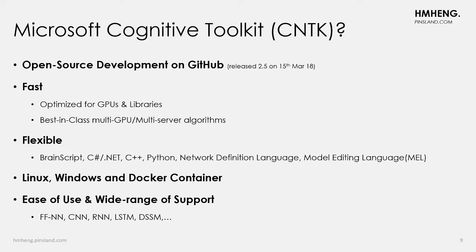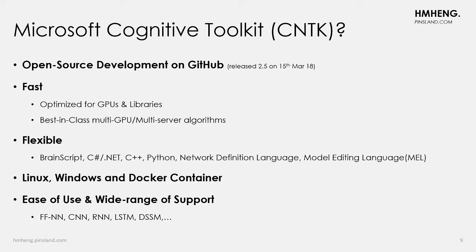So why do we use Microsoft Cognitive Toolkit over the others? First of all, it's open source development on GitHub. The latest version, 2.5, was released just about 2 days ago. It has continuous development, so you don't have to worry about it being outdated or not supported by the community.